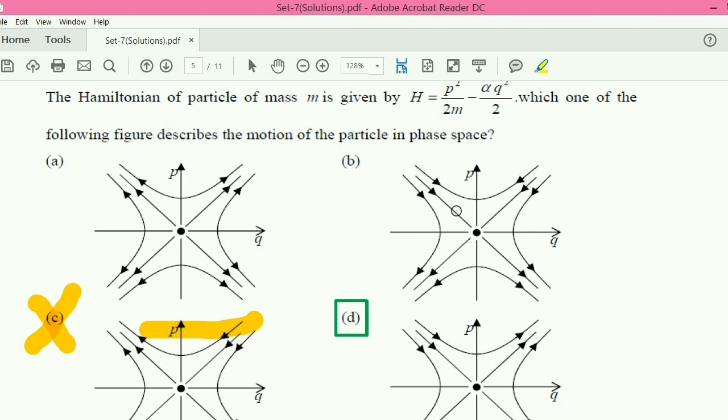This is also discarded because we are going from positive to negative, but the momentum here is positive, which violates that principle, so this cannot be a possible option. And for this one, what's wrong with it?